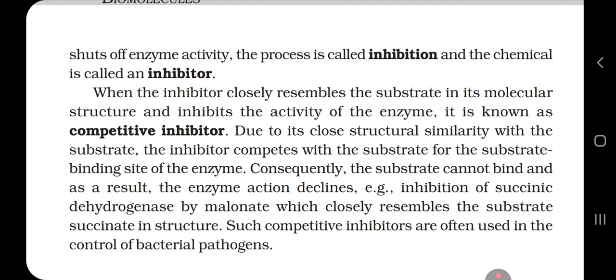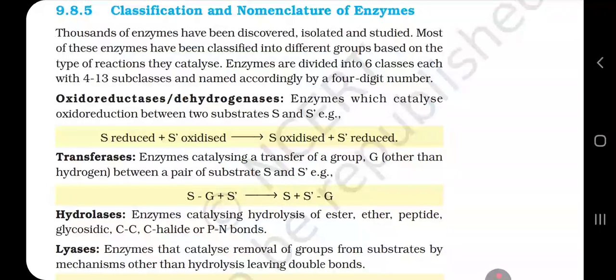Due to its close structural similarity with the substrate, the inhibitor competes with the substrate for the substrate binding site of the enzyme. Consequently, the substrate cannot bind. As a result, the enzyme action declines. Example: inhibition of succinic dehydrogenase by malonate, which closely resembles the substrate succinate in nature. Such competitive inhibitors are often used in the control of bacterial pathogens.